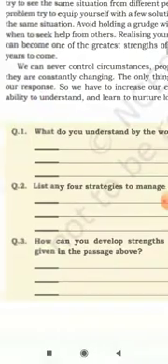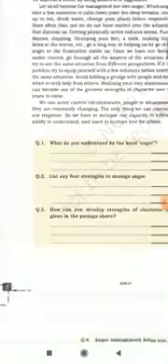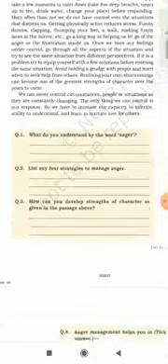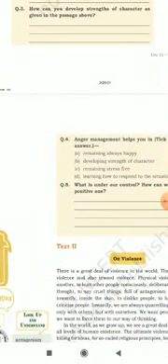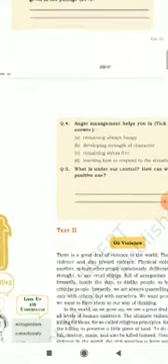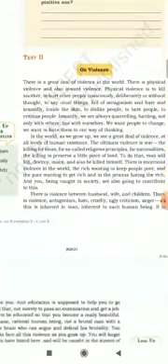And dear children, rest of other questions, list any 4 strategies of manage anger. So all these questions answers you will be able to find out after reading the passage carefully. One I have done for you, rest of other you will do after reading the passage consciously.